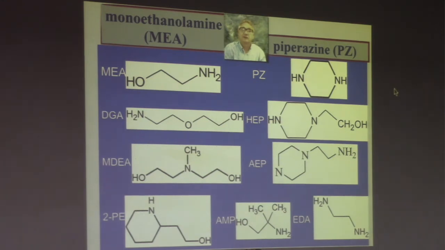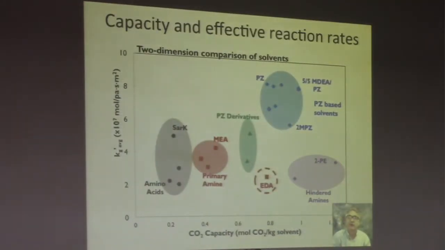It's interesting to look at these systems on the following diagram, in which I show the effective rate coefficient or mass transfer coefficient associated with that particular solvent. And down here I show the capacity, that is how many moles of CO2 are associated with the salt per kilogram of solvent.